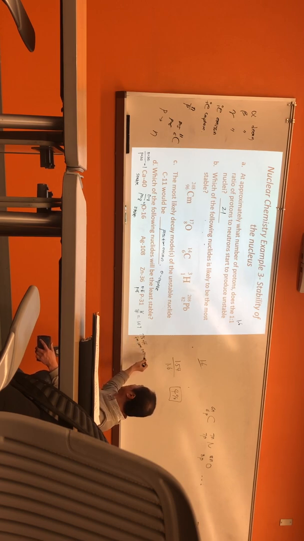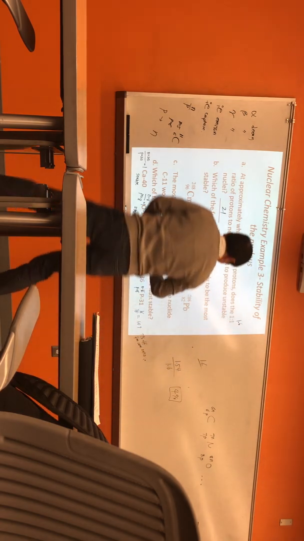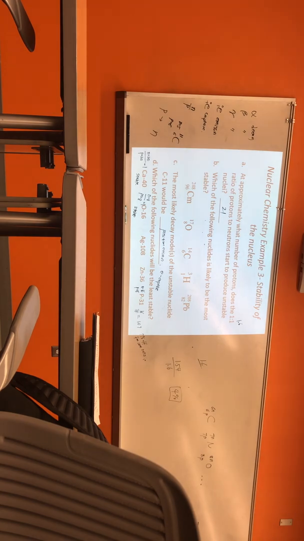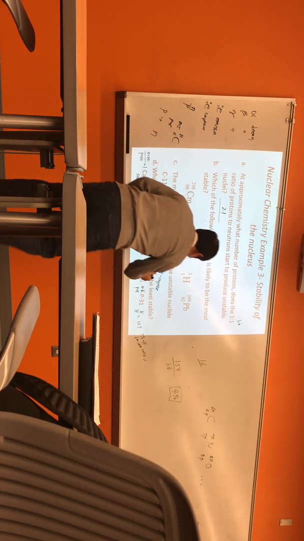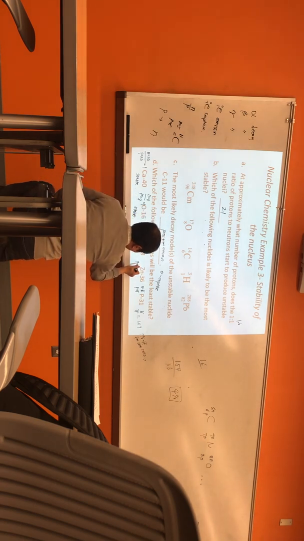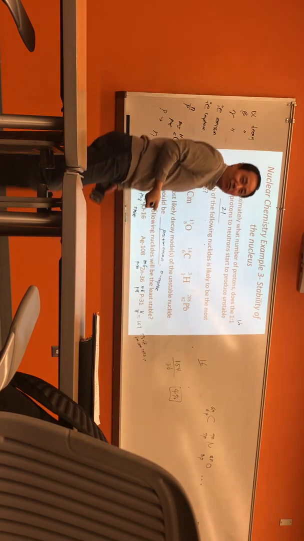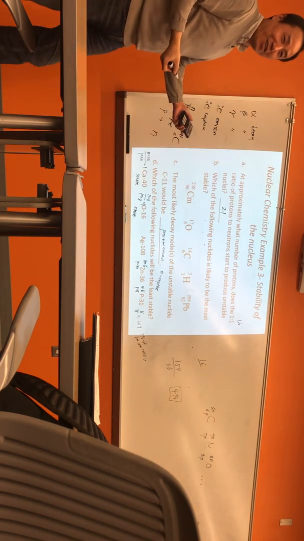Okay. Zinc. Is it 30? Yeah, okay, 30. So zinc has 30 protons, and the number of neutrons is 6. We have a winner here, right?